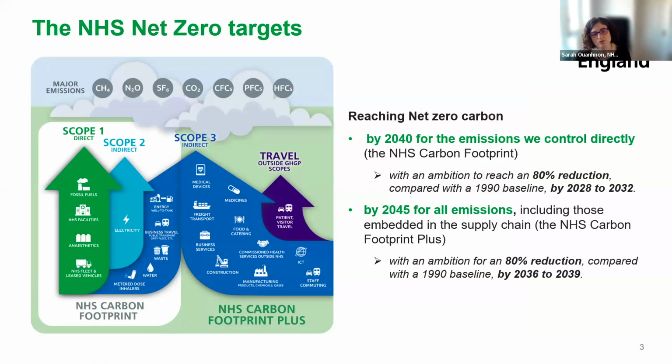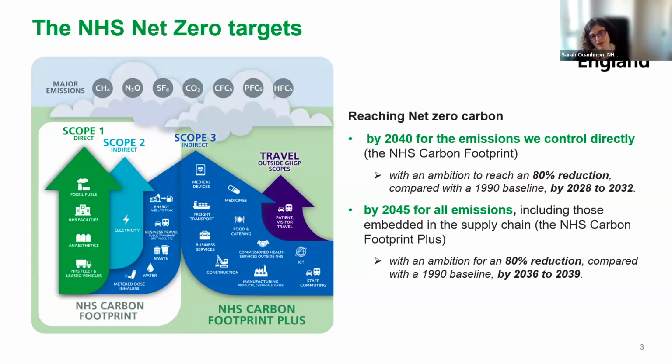And we've said, okay, what are the emissions where we think we can have a direct impact? We went a bit beyond scope 1 and 2, as you can see here on the left, because there are other things like our business travel or waste where we think these are emissions that we directly control. And for this scope of what we call direct emissions, we've committed to reach net zero by 2040.